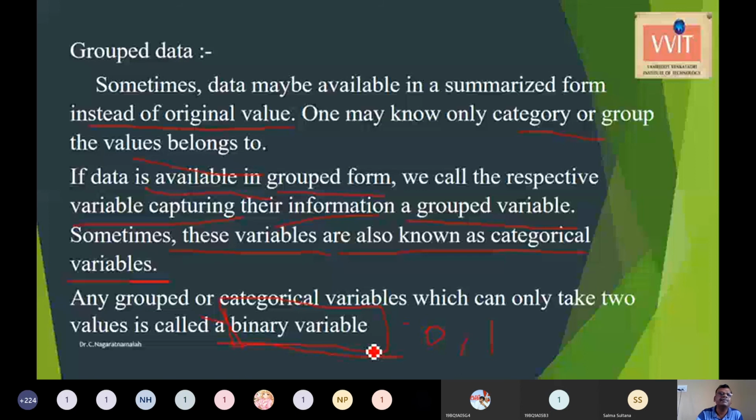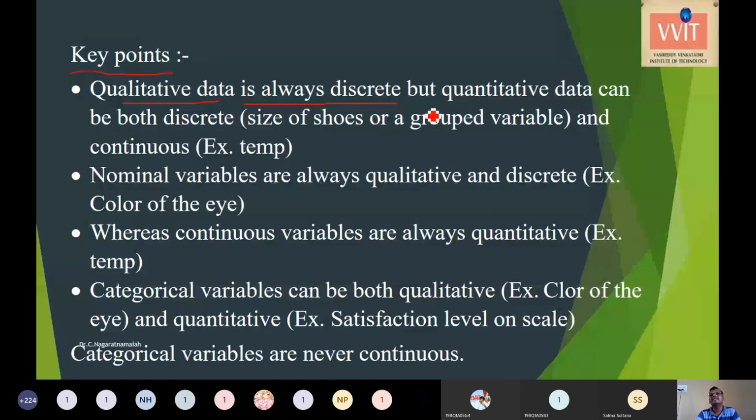Now, these are the main important key points on all these scales. Qualitative data is always discrete, but quantitative data can be both discrete and continuous. This is very, very important.